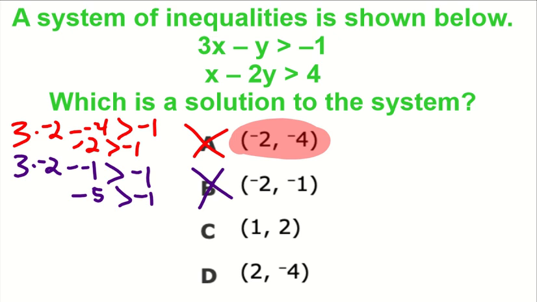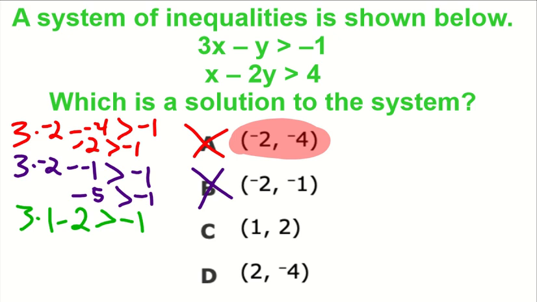All right, we got 1 and 2. So 3 times 1 minus 2 greater than -1. 3 times 1 is 3. 3 minus 2 is 1. Is 1 greater than -1? Yeah. So what we have to do then, we have to check the second inequality.